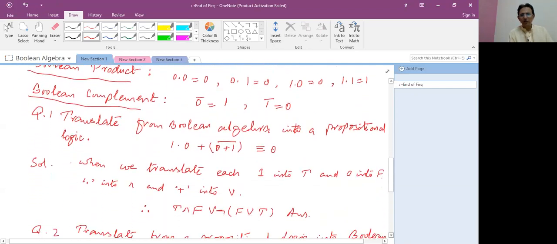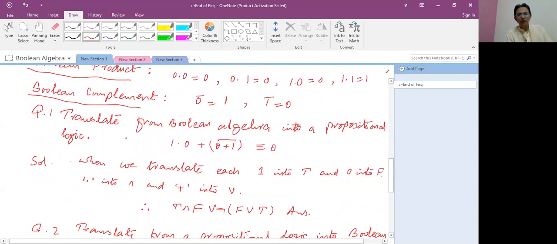Now the next application of Boolean algebra, students: how can we translate Boolean algebra into propositional logic? Given a Boolean algebra with the distinct elements 1 and 0, when we convert it into propositional logic, it means true and false. So we translate 1 into T, 0 into F, dot into and, and addition into or.